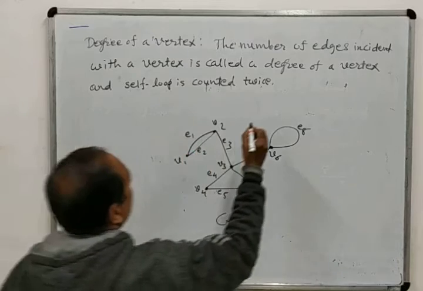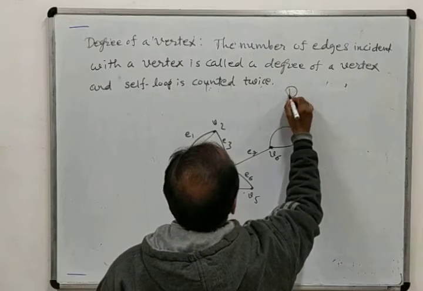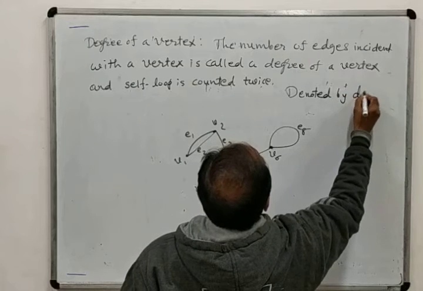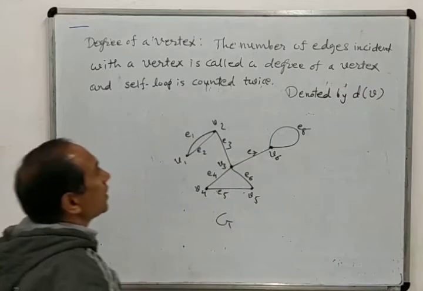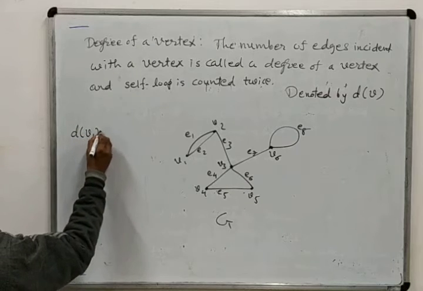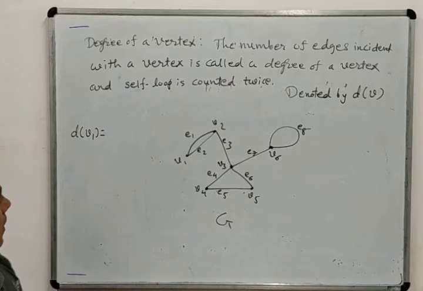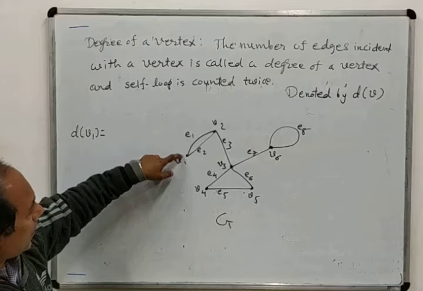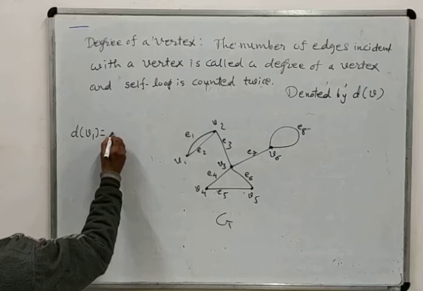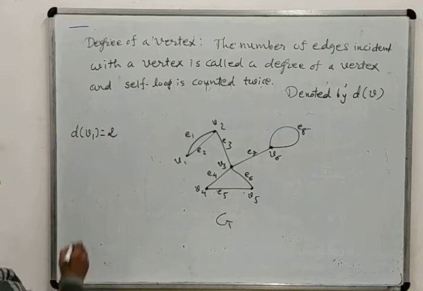It is denoted by d of v, degree of v. Suppose we want to find the degree of v1. Let us see how many edges are incident with v1. E1 and E2 are incident with v1, so there are two edges. So degree of v1 is 2.